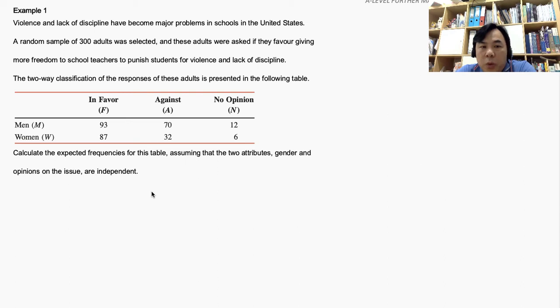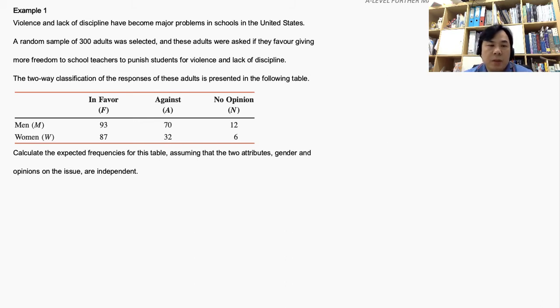So we always assume that your opinions and your genders are independent. Therefore, the null hypothesis must state that the gender and the opinions are independent, whereas the alternative should state otherwise.